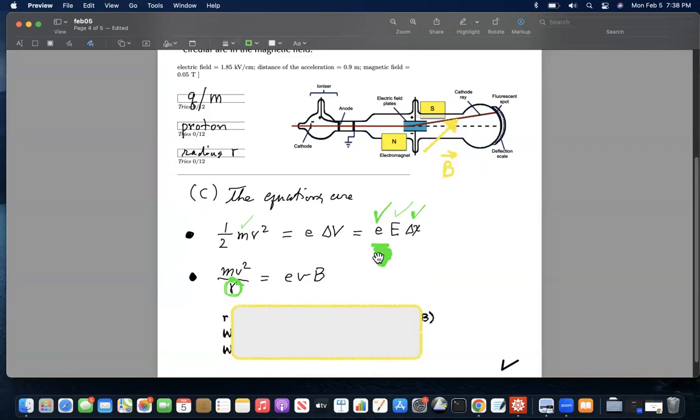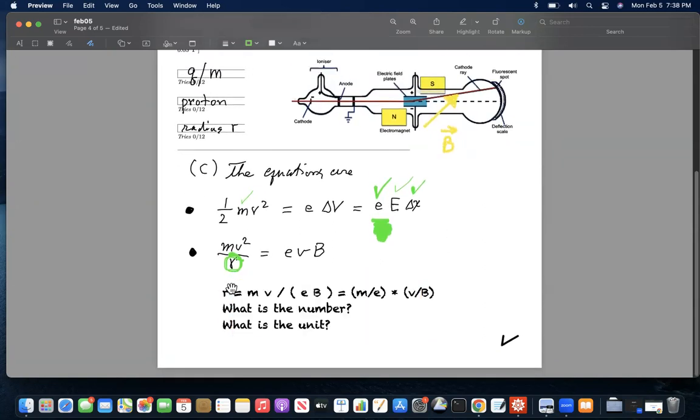That was an experiment where it was possible to measure E by itself. And so Thomson measured E over M, Millikan measured E, that determines what M is. And that led to a lot of this early knowledge of atoms.